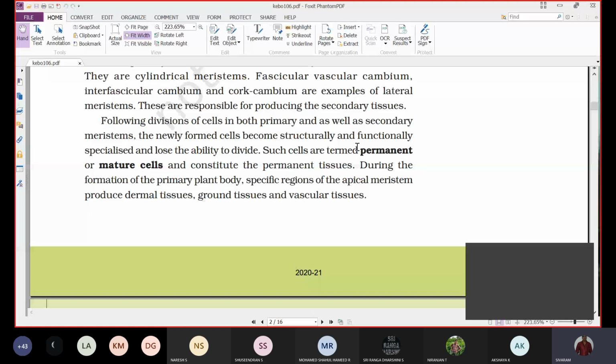So that's why only those plants which have a woody axis will show this lateral meristem. And next, we already told you that in plants we'll find two types of tissues primarily: the meristematic tissue and the second one, permanent tissue.